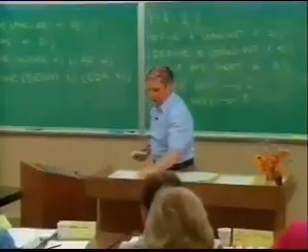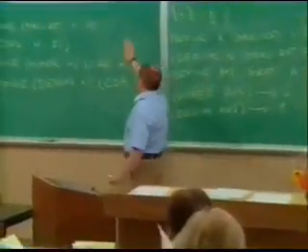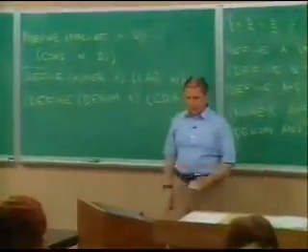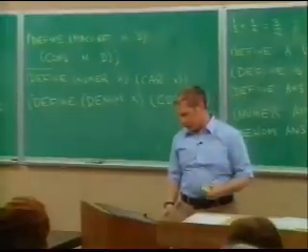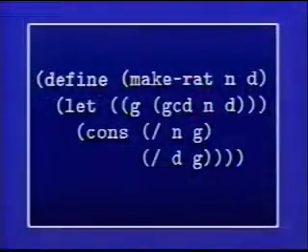Instead of using this version of make-rat, wouldn't it be better to use this one on the slide? Instead of just consing together n and d, you compute the greatest common divisor of n and d. GCD is a procedure which, for all we care, is a primitive, which computes the greatest common divisor of two numbers.